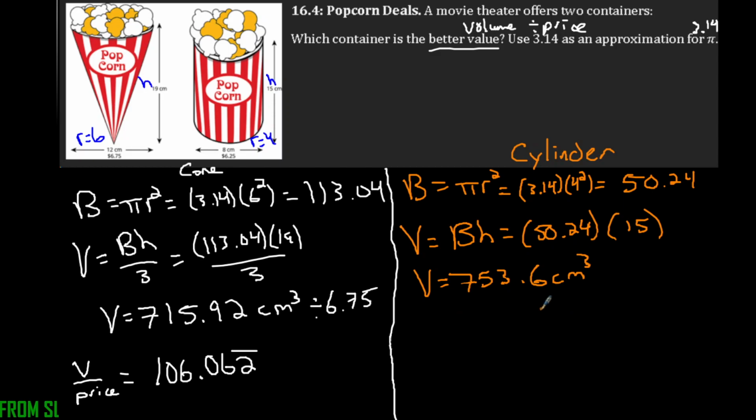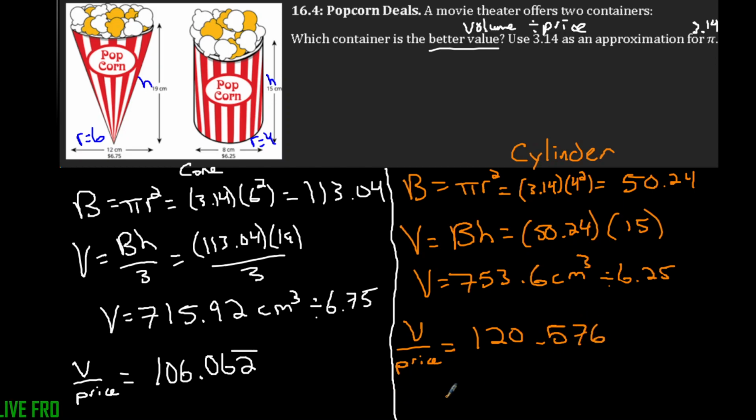And so now we have to take that divided by the price, which is 6.25. So the volume divided by price is equal to 120.576. And so this one is actually going to be the better value.